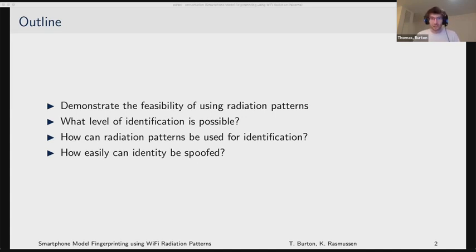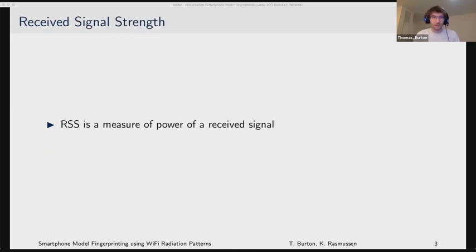So I'm first going to go over the necessary background knowledge. So there's 3 parts here, each quite brief. So first of all, those who aren't familiar with received signal strength, this is a pretty fundamental part of what I'm looking at. And RSS, which is received signal strength, is a measure of power of a received signal when it's transmitted, by the receiver from when it's transmitted by a transmitter.